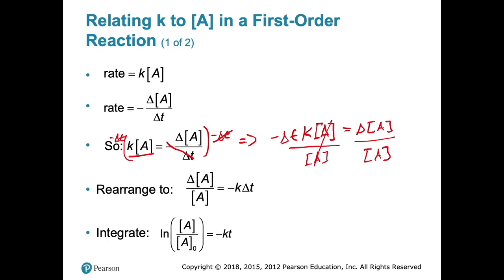And now we have to do an integral. Okay, does anybody remember how to do an integral? So when we get this here, right, we need to integrate this by taking the natural log of this, right?